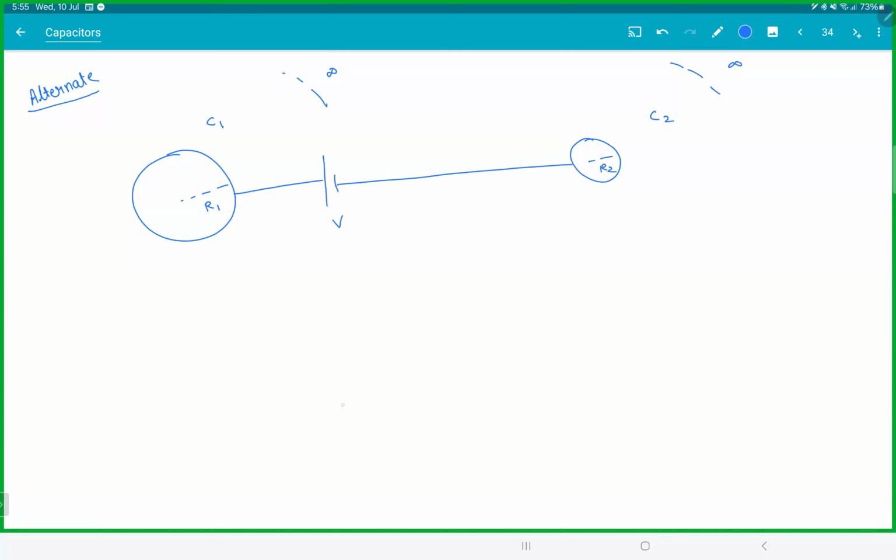You have a battery here, voltage V, connected to a capacitor C1, whose other side goes to infinity. And on this side, one more capacitor, C2, also connected to infinity, isn't it? Both the capacitors are in series.